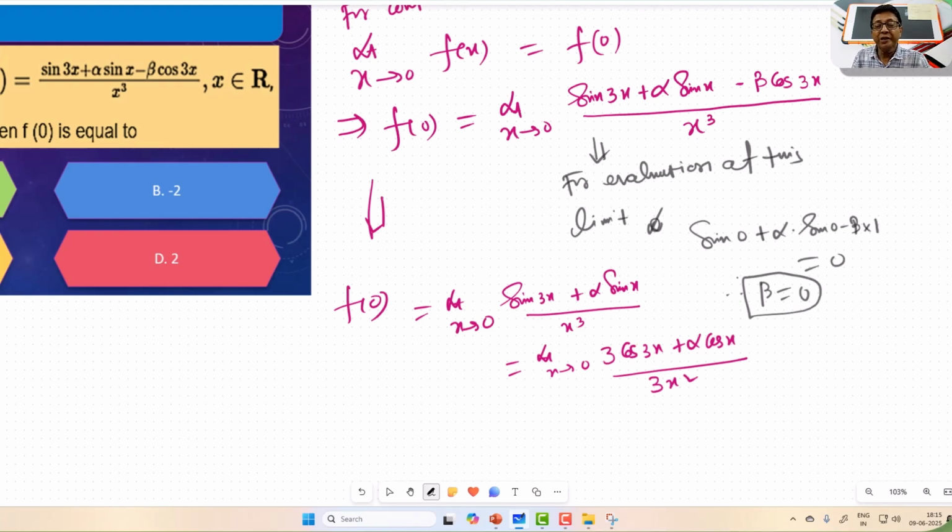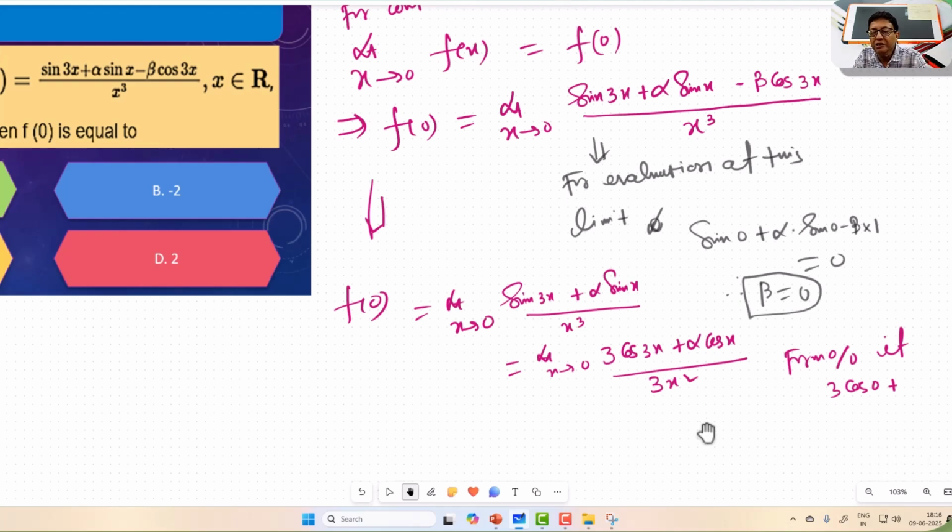So what I'll do there, I'll be differentiating again. The form may be 0 by 0 if 3 cos 0 plus alpha cos 0 must be equal to 0.